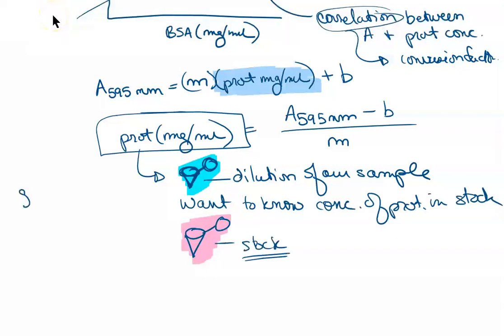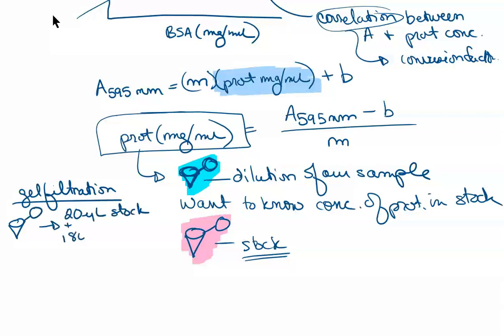So if we're using the gel filtration sample as our sample, that dilution contains 20 microliters of the stock plus 180 microliters of buffer for a total of 200 microliters total volume.